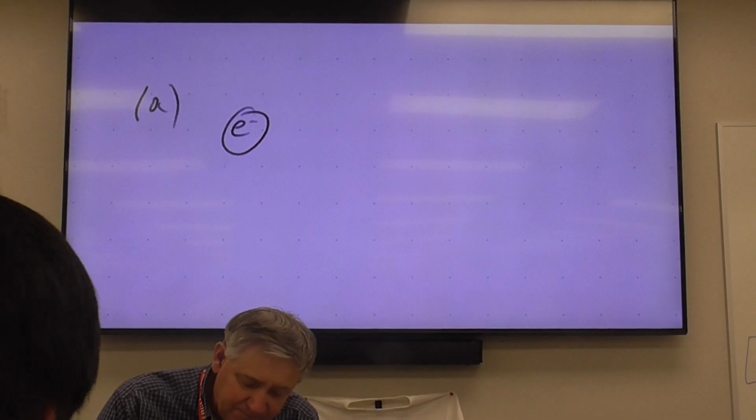Now here's the thing that you have to keep track of. You're asked to find the direction of the magnetic field that causes the charged particle to experience the indicated magnetic force. So if you look on 18A, first off, this is going to be an electron, or at least a negatively charged particle.